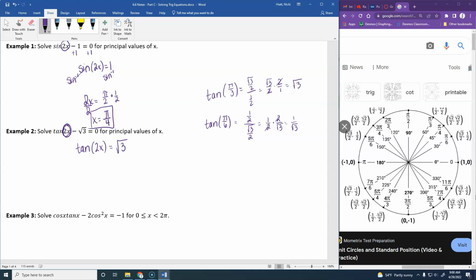So what we're going to say here is not that x equals pi over 3, but 2x is going to equal pi over 3. Right, and we're using 2x instead of x because we've got the 2x inside of the parentheses there. So to solve for x, we just need to multiply both sides by 1/2. And so x is going to be pi over 6.